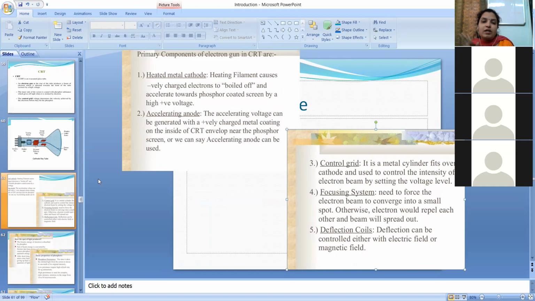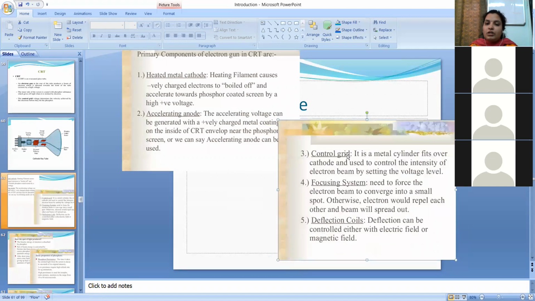So here I am having the positively charged metal coating, and we can have the acceleration in the anode. So that coated film is acting as the anode over here, and the electron gun is acting as a cathode.